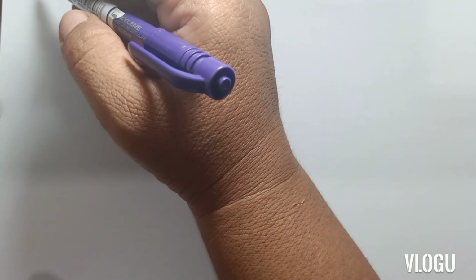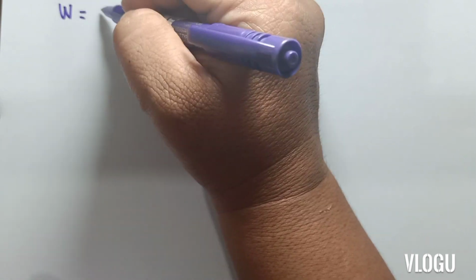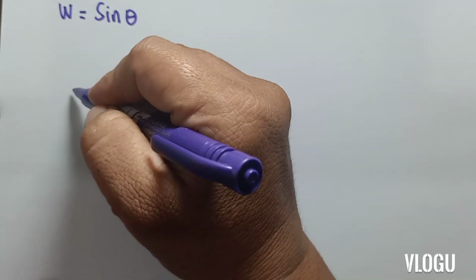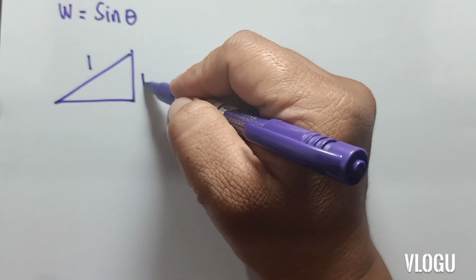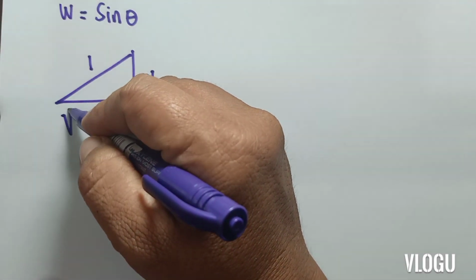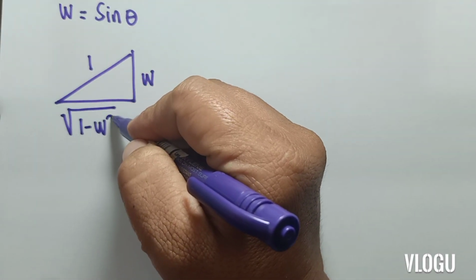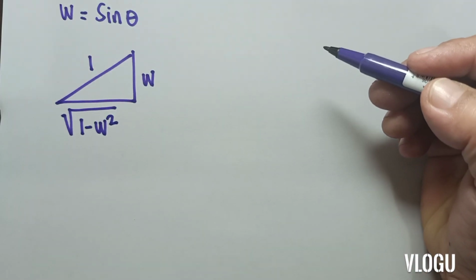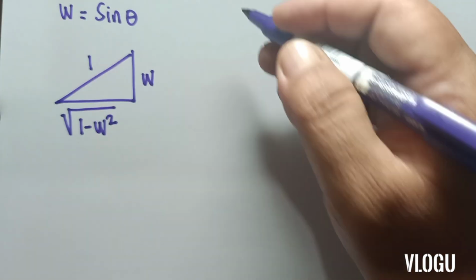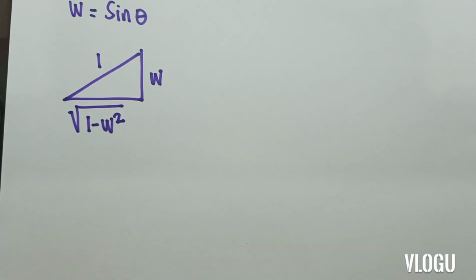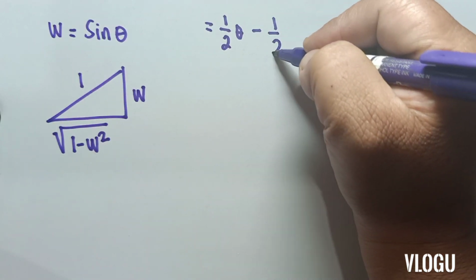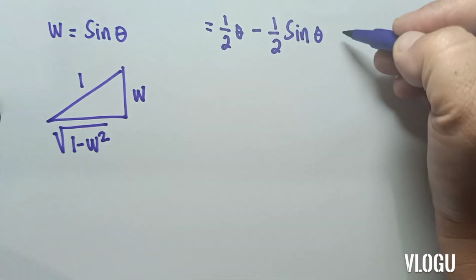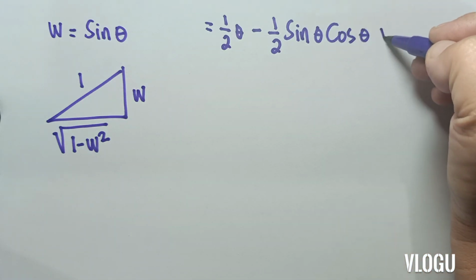Okay, as a continuation, we have w equal to sine theta. So the equivalent triangle for that has hypotenuse 1, opposite side w, and the adjacent side the square root of 1 minus w square. Therefore, by trigonometric substitution, 1/2 theta minus 1/2 sine theta cosine theta plus c.